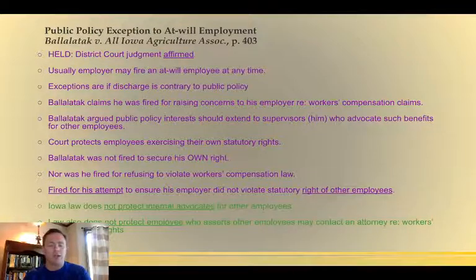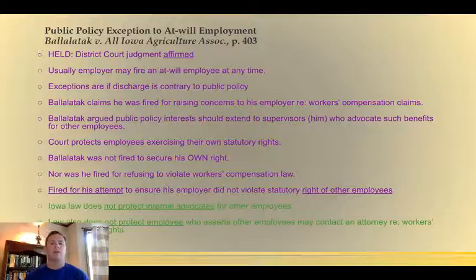It wasn't his workers' comp claim. It wasn't his on-the-job injury. And the court here in Iowa says the public policy exception applies to the employee who's actually subject to the legal obligation or the legal right, not anybody else who decides to meddle in the situation between the employer and the other employee. So that's something to keep in mind.